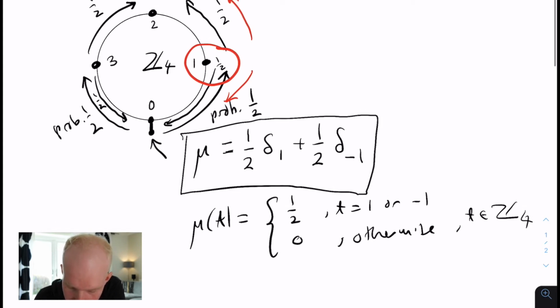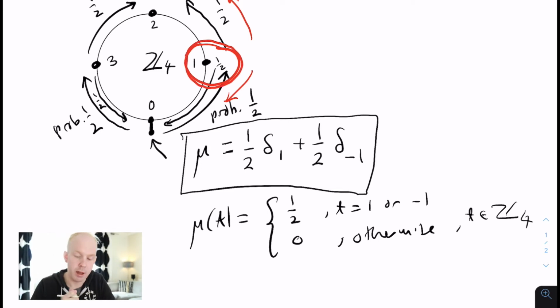So there is this kind of conditioning that we've reached the state 1, and then we again make a random choice based on the same distribution mu, whether we add 1, or whether we move to the left, so we subtract 1 from the point 1.